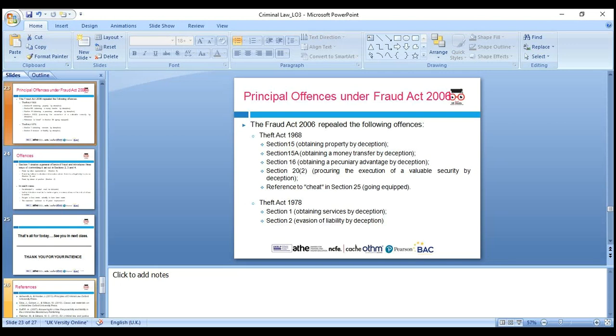All these were merged into one act, like the Equality Act 2010, which merged the Discrimination Act, Equal Pay Act and Sex Discrimination Act. And the principal offenses are under the Fraud Act 2006. Any question there?